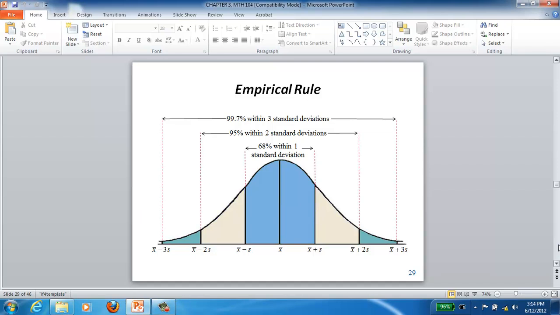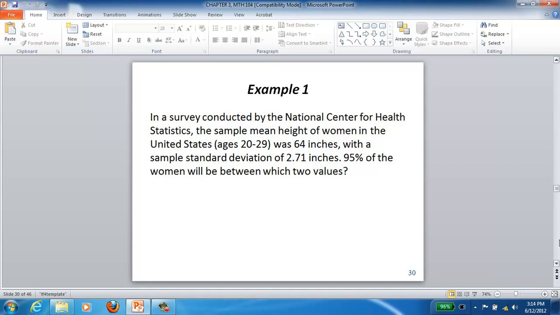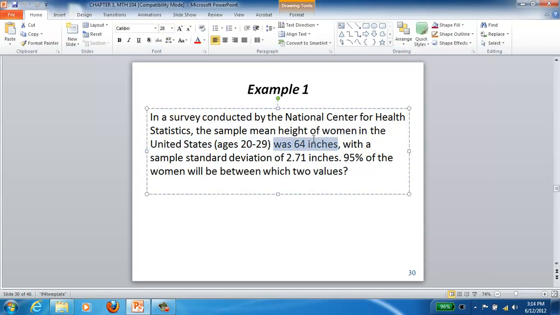So keep in mind, 68% means x bar plus minus one standard deviation, 95% means x bar plus minus two standard deviations, and almost all, or 99.7%, means x bar plus minus three standard deviations. Now for this problem we know the sample mean is 64 and the standard deviation is 2.71.